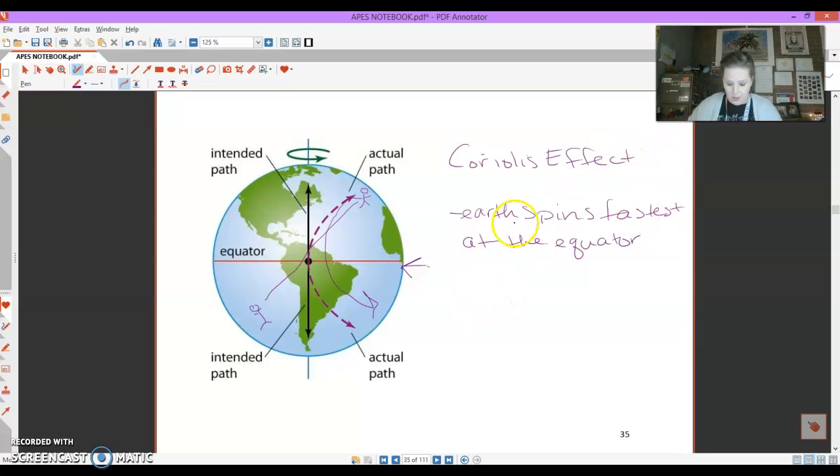So the equator, at this location, causes deflection of winds. You guys are going to watch an EdPuzzle on the Coriolis effect, so you'll understand how it pertains to hurricanes as well. All right.